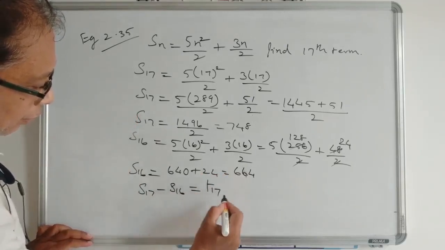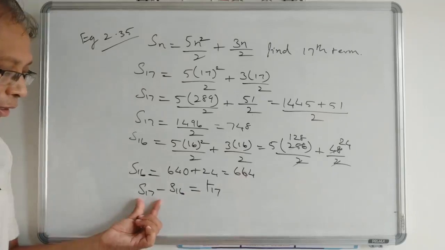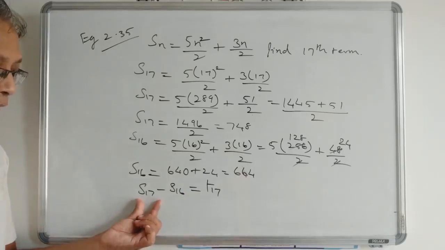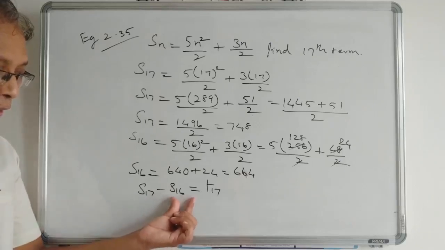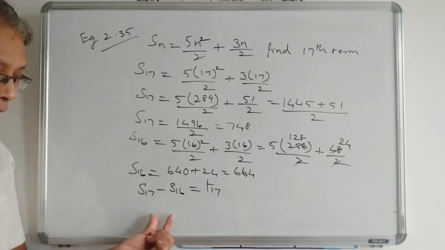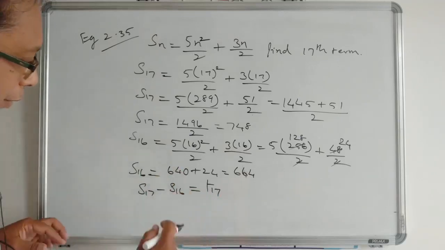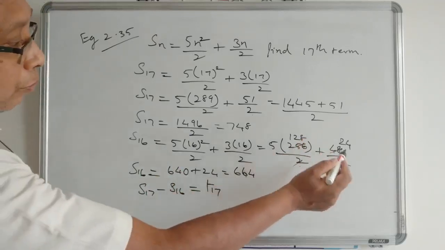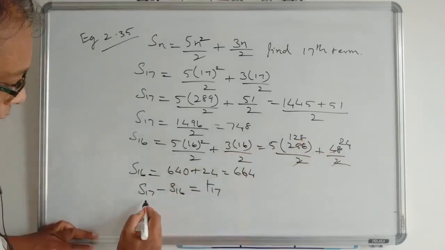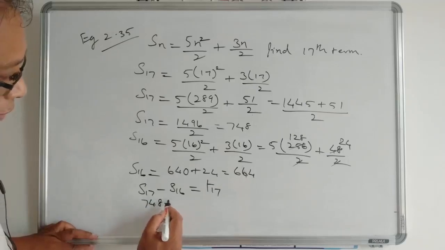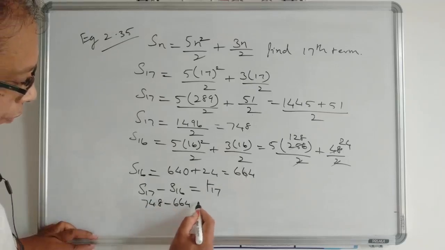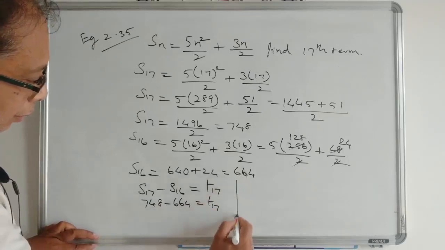Therefore S17 minus S16 equals term 17. We write the S17 value 748 minus the S16 value 664 equals term 17.